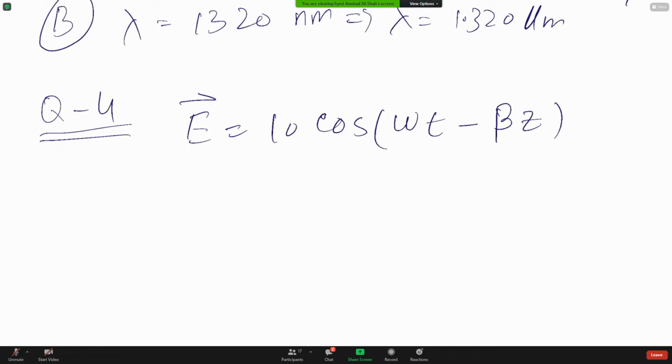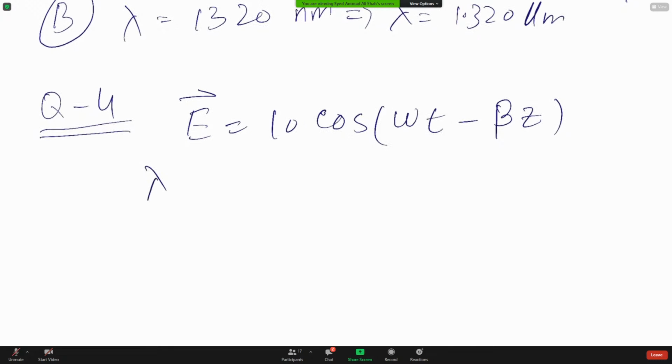The wavelength is 1.5 micrometers. Find the following parameters with appropriate units in air and in glass. For air n is equal to 1 and for glass n is equal to 1.5. Give the answers in terms of pi.